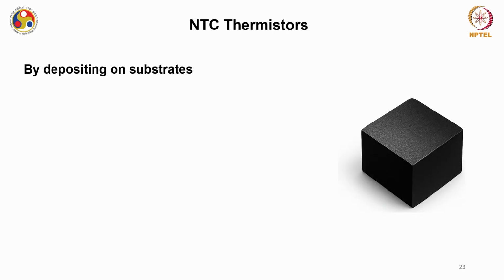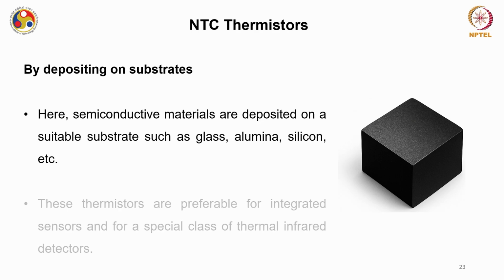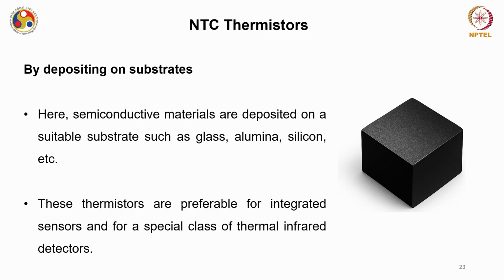Then another is by depositing on the substrate. So the semiconducting materials are deposited on a suitable substrate. The substrate can be glass, alumina, silicon, etc. And these thermistors are preferable for integrated sensors for a special class of thermal infrared detectors. The deposition is done by various methods.